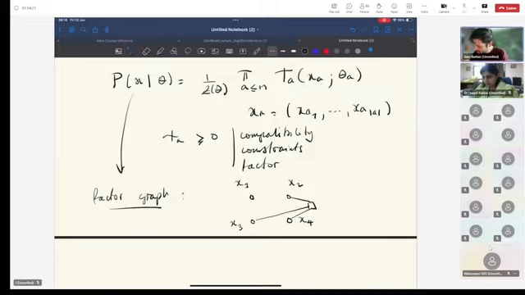So let's say this would be a psi, and let me index it by the nodes to which it's connected. This would be a psi 2, 3, 4, which is any non-negative function of x2, x3, and x4. And it may also depend on some additional parameters.